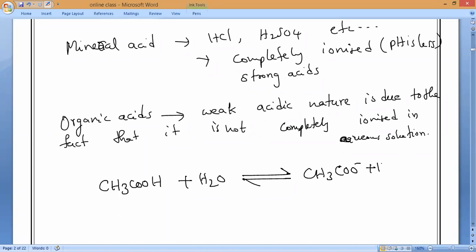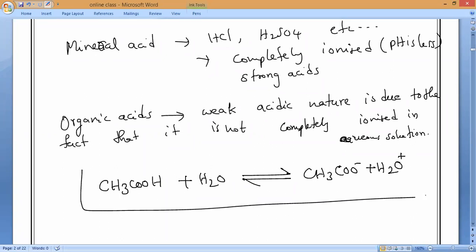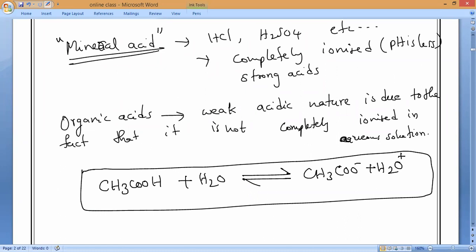It is also a reversible reaction. That is why it is called a weak acid. But mineral acids are strong acids or weak acids? Strong acids. That is what you have to remember.